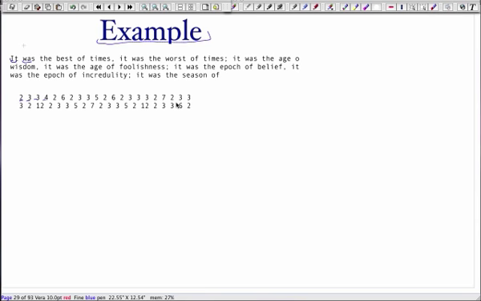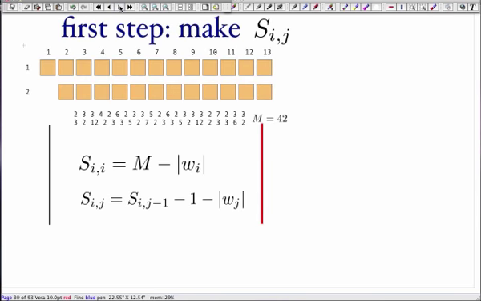Now, if you get your handout, the first step of the algorithm was to make the Sij table. So let's take the problem when m is equal to 42. And now S11. This table right here is Sij. S11 is just going to be m minus the length of that first word, which is 2.